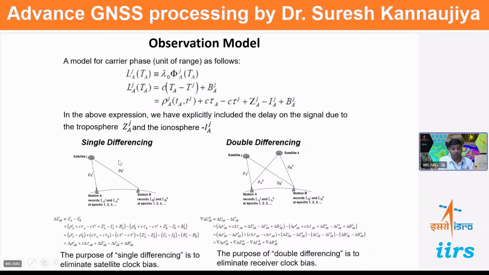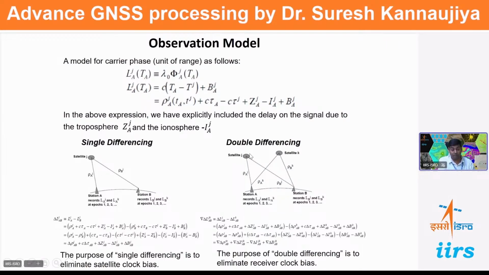Single differencing is used to eliminate the clock bias of the satellite, and double differencing is used to eliminate the clock bias of the receiver. This is the architecture of single and double differencing. In single differencing, we use a single satellite and two ground stations.